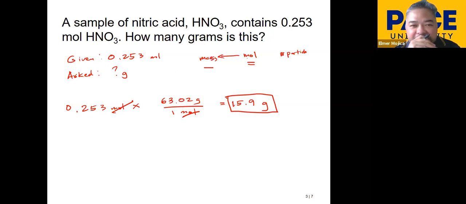Can you assure me that when you have a question like this, you're going to get it right? What can make you not get the correct answer? Maybe you will not be able to get the correct molar mass. That's the importance of why at the beginning of this chapter, we discussed getting the formula mass or the molecular mass, because you're also just getting the molar mass.